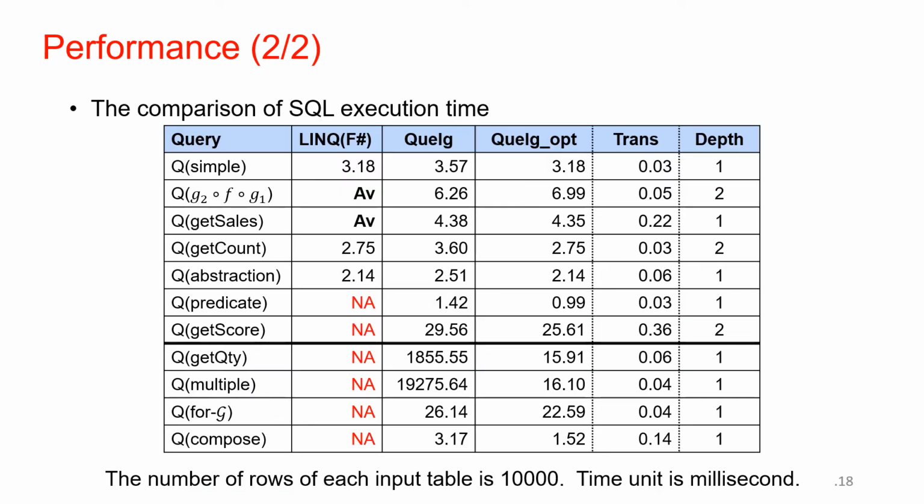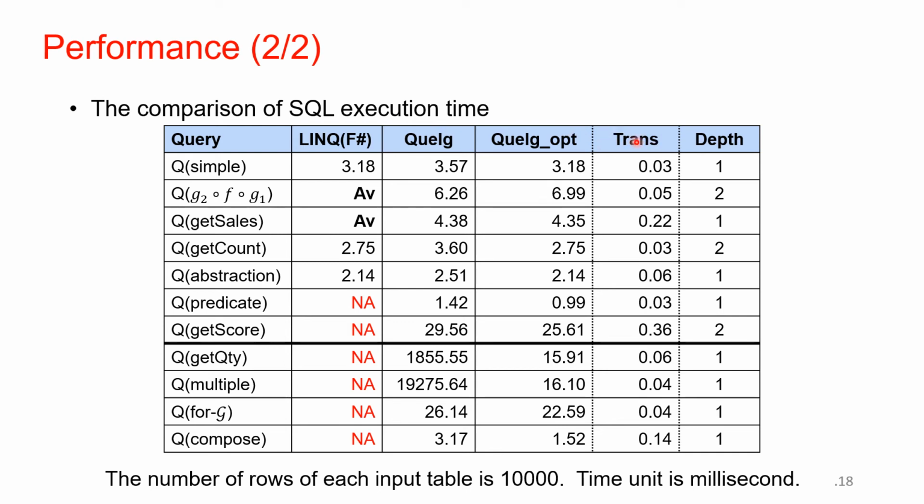Our second experiment used more practical queries of many different types, and compared the performance of our approach with Microsoft's Link. The first column shows query names. We have executed 11 queries, all of which use grouping. The second to fourth columns are the execution time of the generated SQL query for Microsoft's Link, our result without reorganization, and with reorganization, in this order.